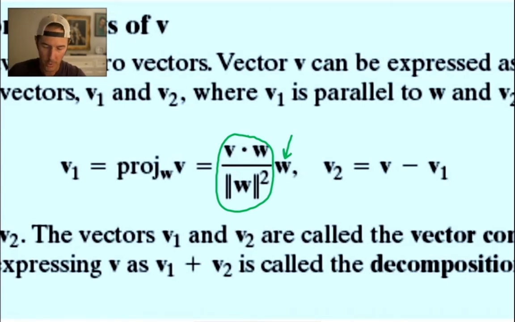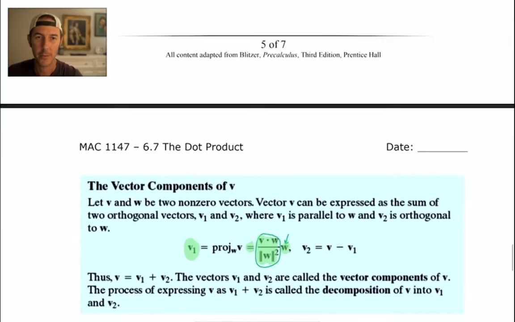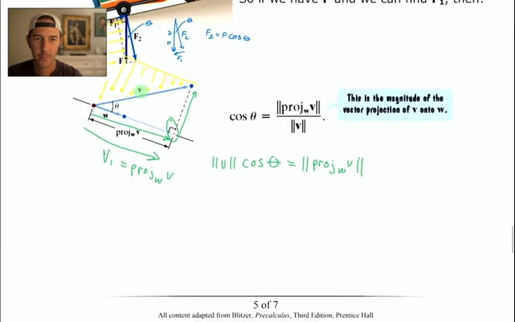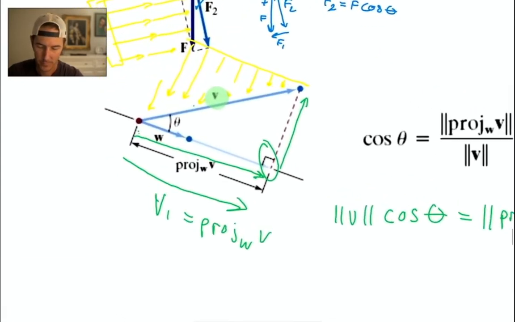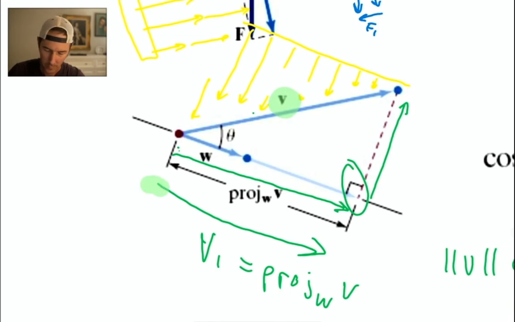So check this out. Keep watching. V1 is a scalar multiple of W. Therefore, those two vectors must be parallel, which means they're either aiming in the same direction or opposite directions. And by the looks of this diagram, V1 and W are aiming in the same direction.